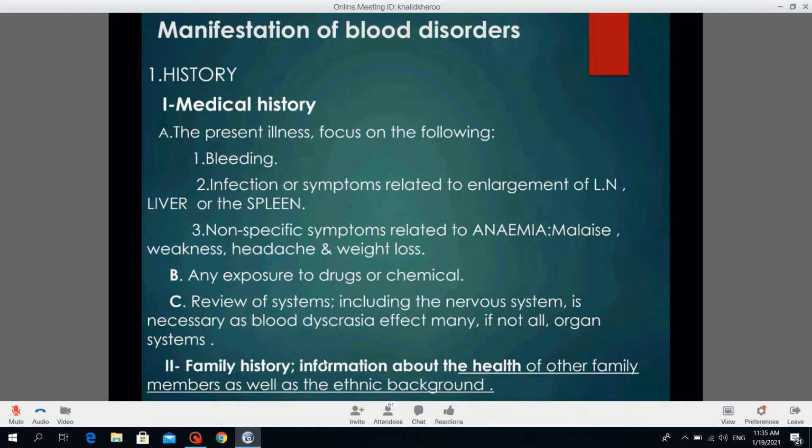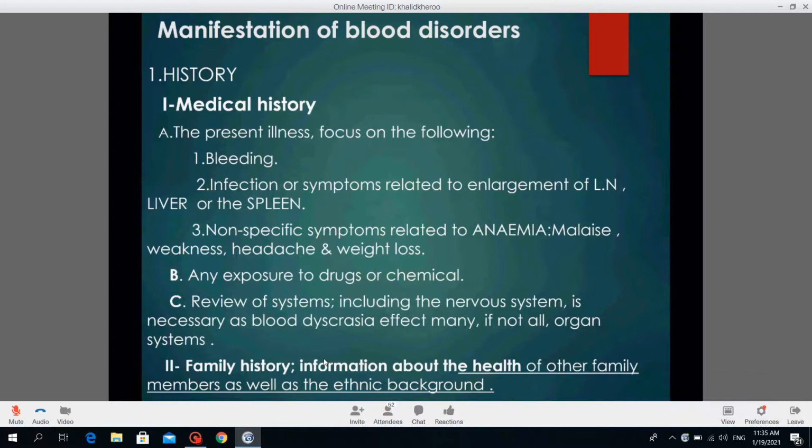Other drugs, for example methyldopa, an antihypertensive drug, or fludarabine, a cytotoxic drug, may cause hemolytic anemia, cause hemolysis of the blood, and shortened red cell survival.